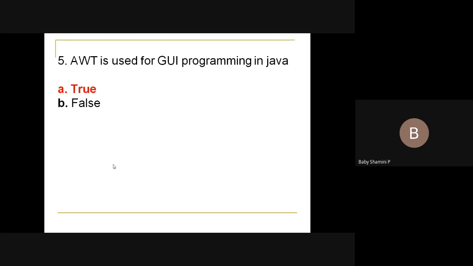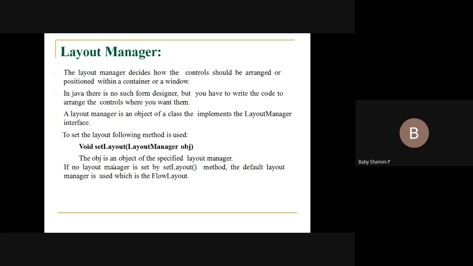So the next topic is layout manager. Today we are going to discuss the topic of layout manager. So what is a layout manager? It is just like an object. Its purpose is to control the size and position of components in a container.